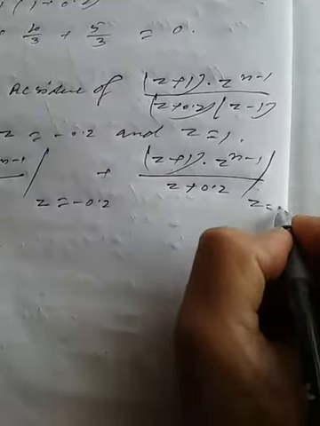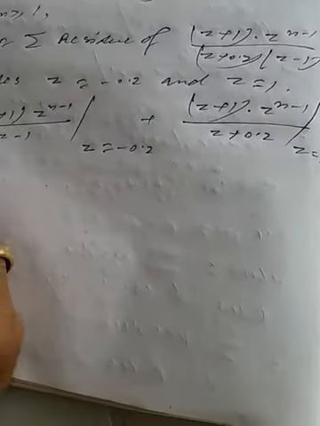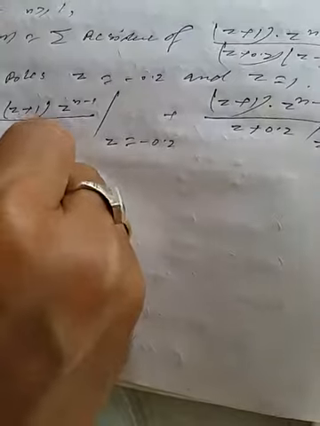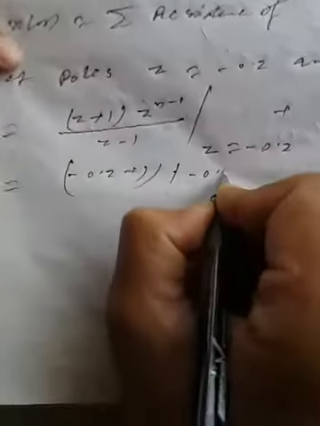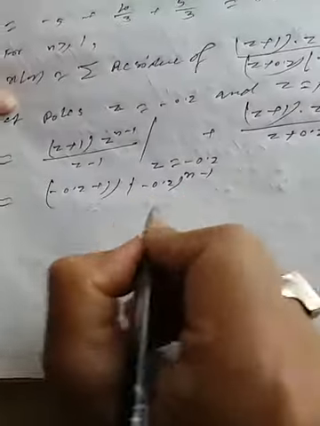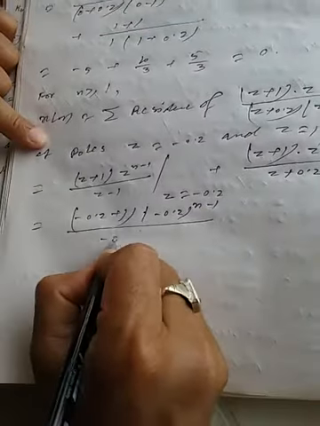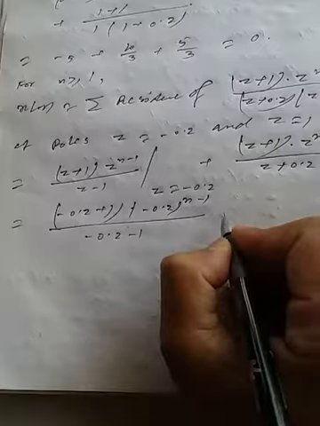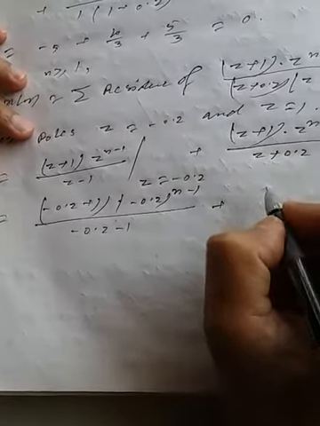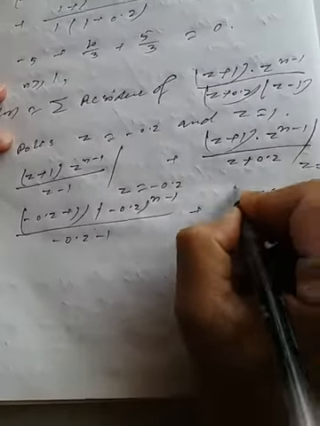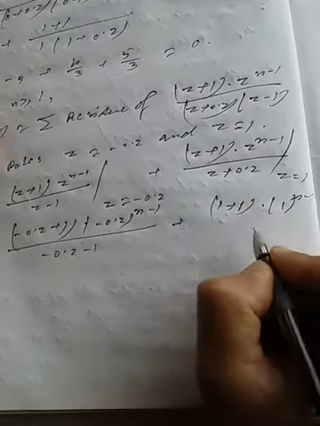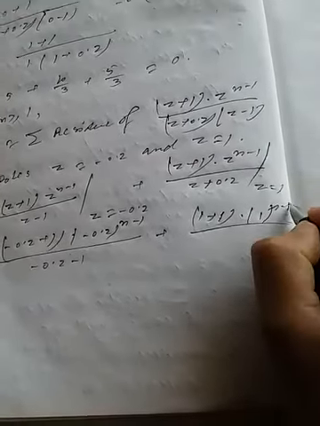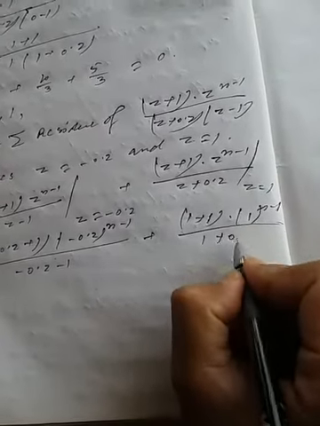If you put the values, this portion is (minus 0.2 plus 1) into (minus 0.2) to the power n minus 1 divided by (minus 0.2 minus 1), and this portion is (1 plus 1) into 1 to the power n minus 1 divided by (1 plus 0.2).